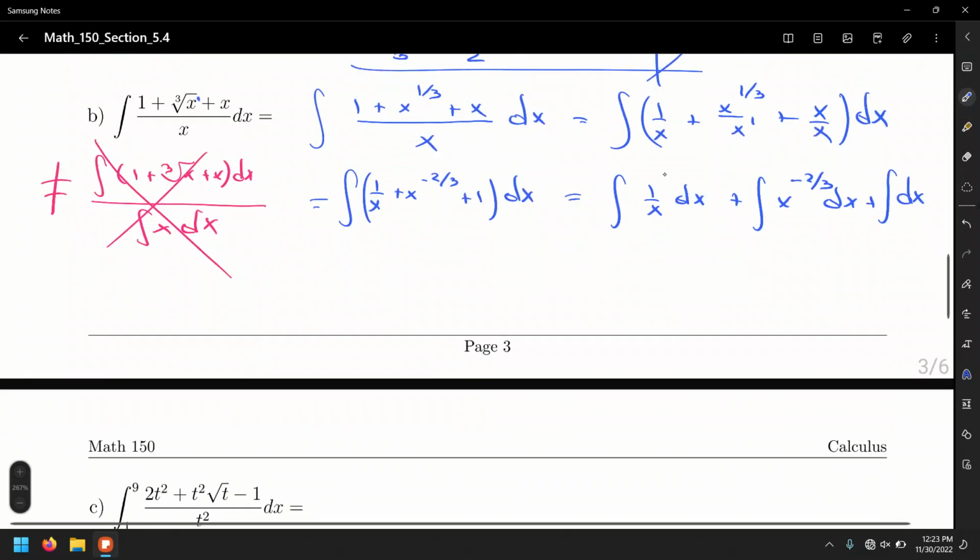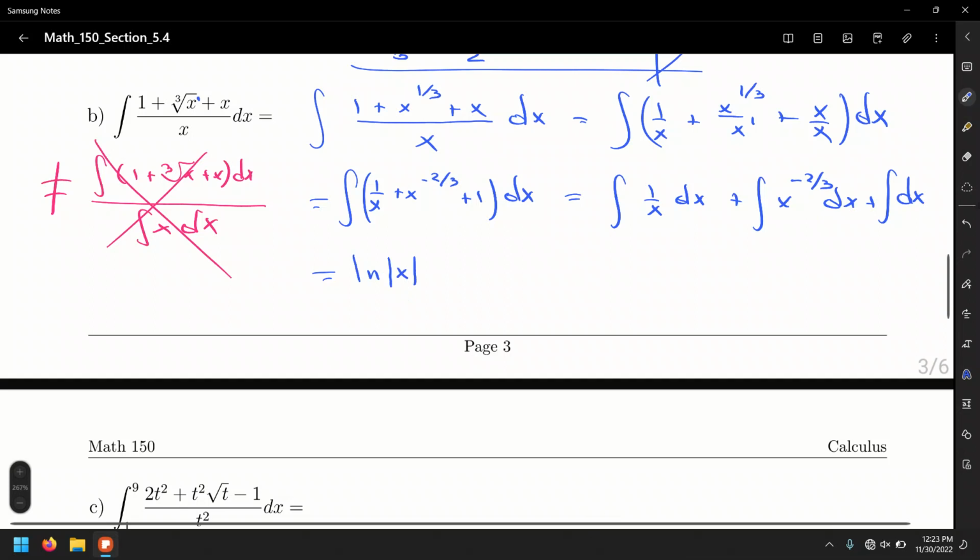Okay, anyone? Any ideas for the first integral, the integral of 1 over x? What's that? What is that? Natural log, all right? Natural log of just x? Absolute value of x, all right?